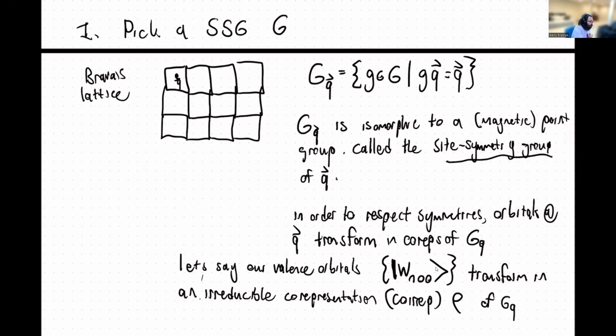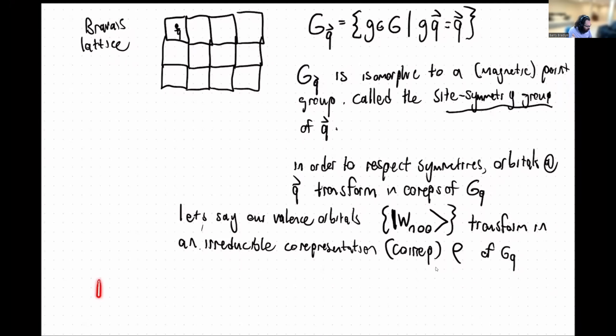But our crystal contains more symmetries than just the site symmetry group. In particular, it has translation symmetry. And what translation symmetry means is that, in order to respect it, we need to have copies of these orbitals in every unit cell of the crystal, because I can just take my orbitals at Q and translate them by all of my Bravais lattice vectors.